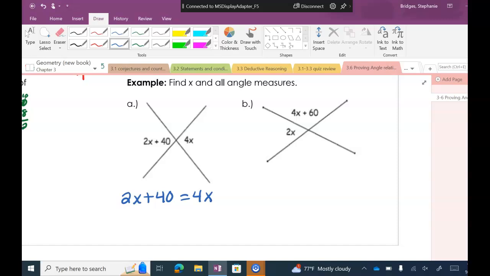Yeah, because this right here, that's what the straight line is. This thing right here is 180. Oh, yeah. This is 80. That's congruent.